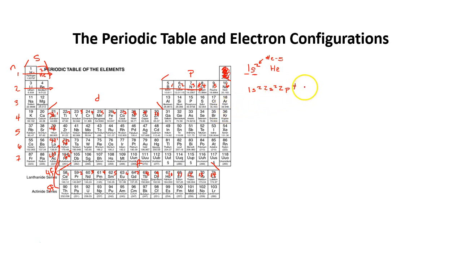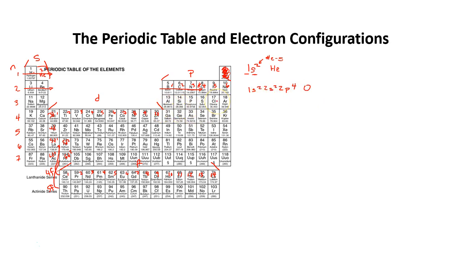Okay, so this is the electron configuration for oxygen. We said that oxygen has an atomic number of 8, and that it's neutral, so that means it's going to have 8 electrons, 8 protons. So we add up these superscripts and we'll get 8 electrons. So 2 plus 2 is 4, plus 4 is 8. So this is the electron configuration for oxygen.